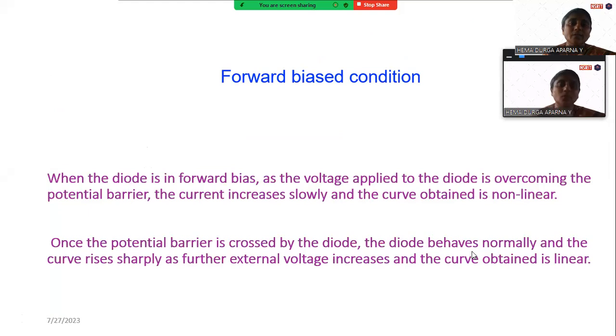So when a diode is forward biased, what happens actually inside the diode? At the junction, there always exists some potential barrier, or we call that layer the depletion layer. When a diode is forward biased, the charge carriers travel towards the junction, and at a particular instant the length of the depletion layer gets very much reduced.